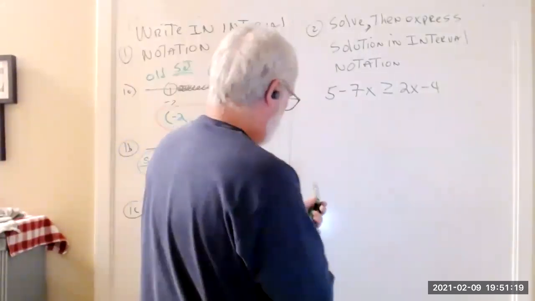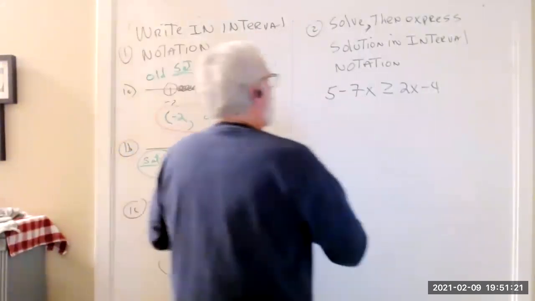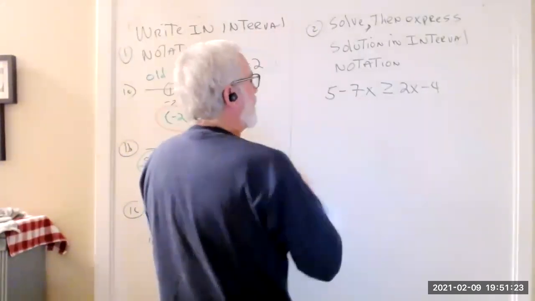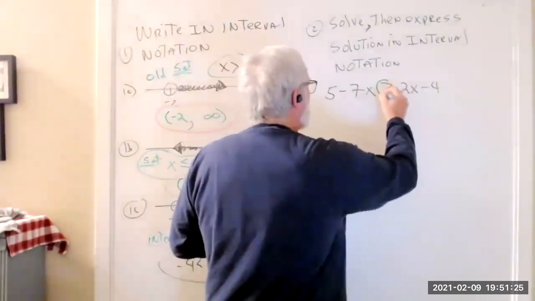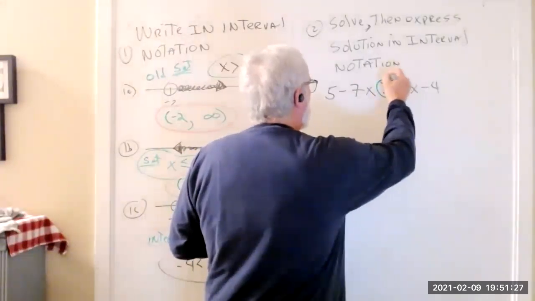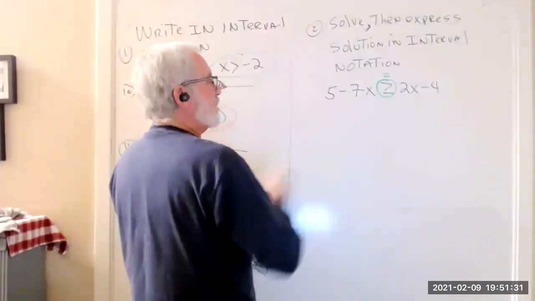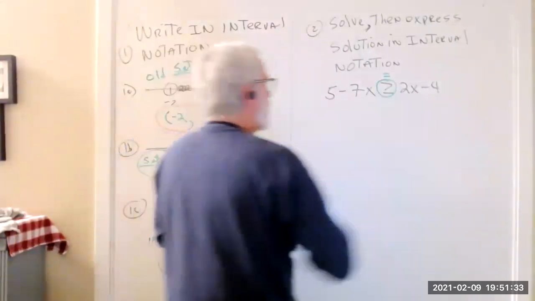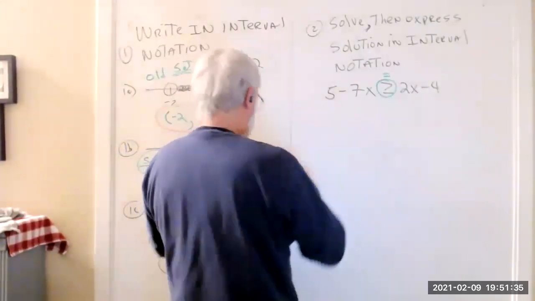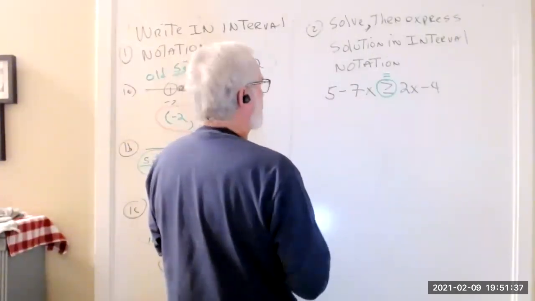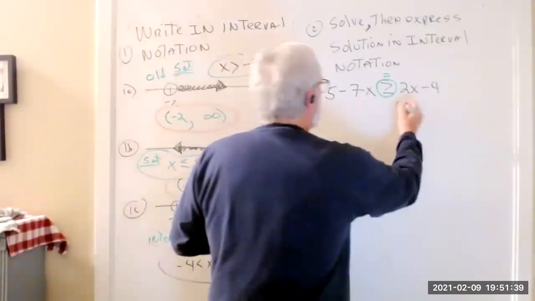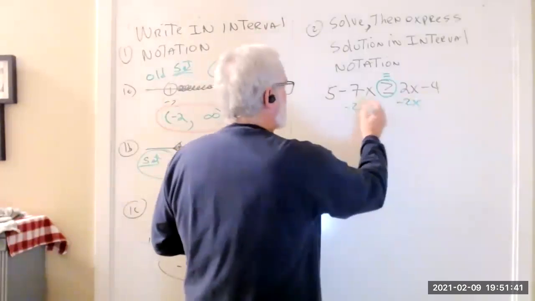Don't stop me yet. Okay. So this is an inequality. Again, we pretended in our minds to say it was an equal sign. So we treat it just like an equal sign. Okay. I'm going to take 2x away from both sides.